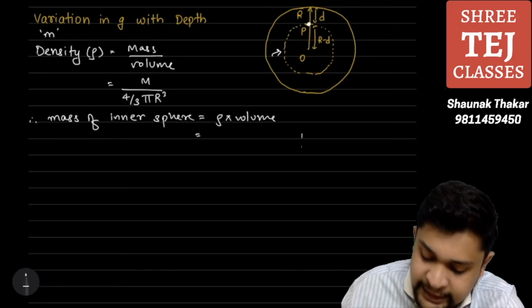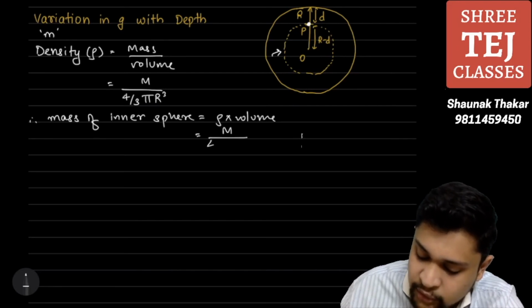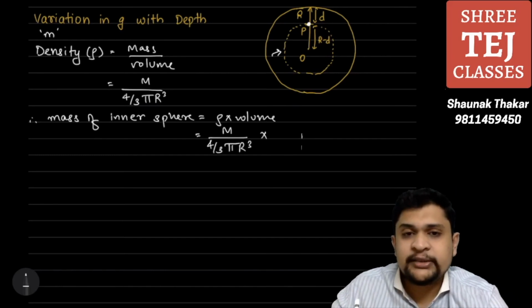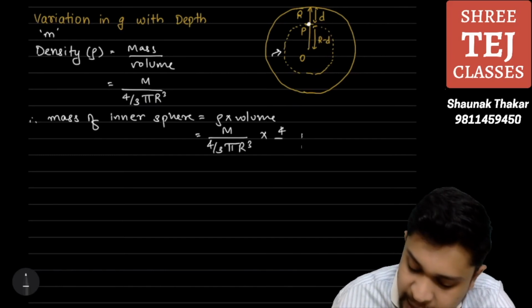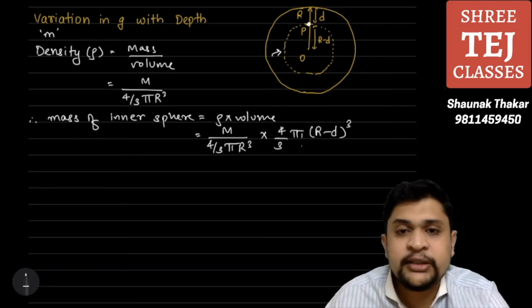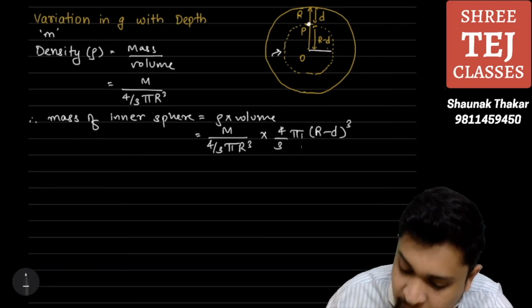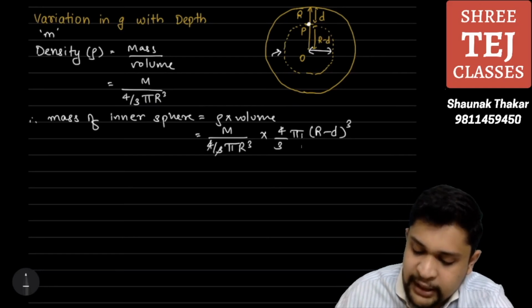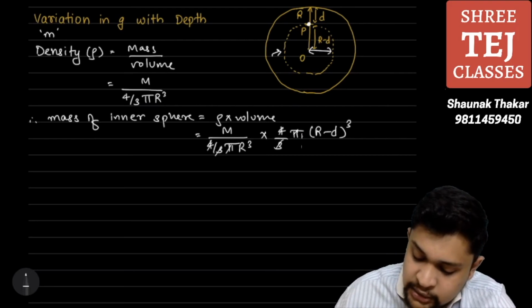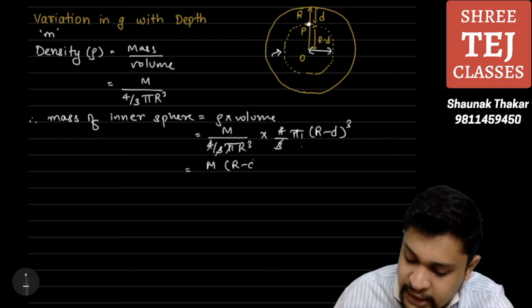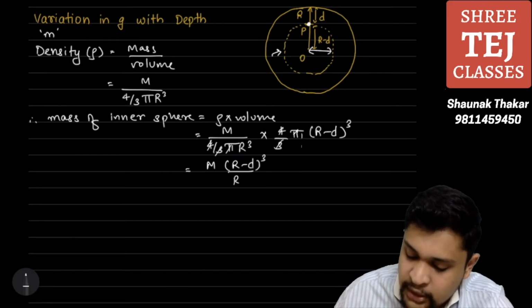So density is M upon 4 by 3 pi r cube multiplied by volume of the inner sphere would be again 4 by 3 pi (r minus d) cube, because here radius is r minus d. So 4 by 3 and pi get cancelled. So we get M into (r minus d) cube upon r cube.